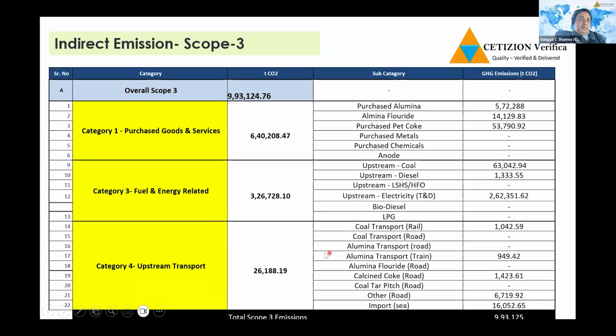But when you calculate mine to metal emissions, then you have to add your anode related emissions also in your calculation. It doesn't mean if it is not happening within your boundary, you are not going to include it, otherwise it will not be an apple to apple comparison.